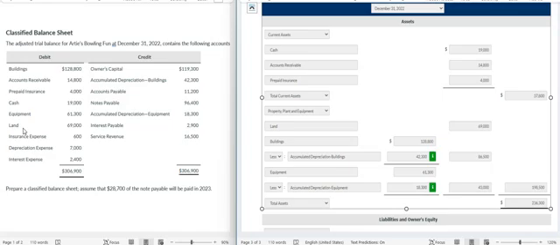We intend to hold on to and use them for this year and future years. We don't intend to use them up right away. So looking down here, we've got our land, our buildings, less its accumulated depreciation, our equipment, less its accumulated depreciation.